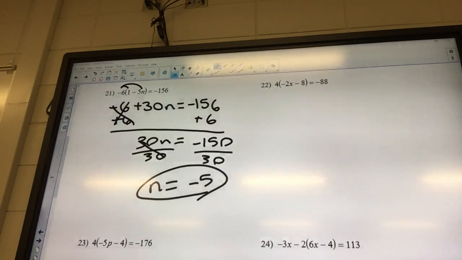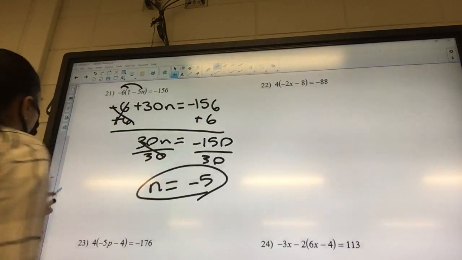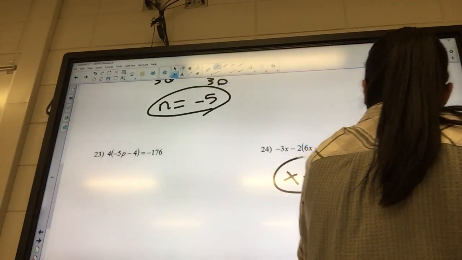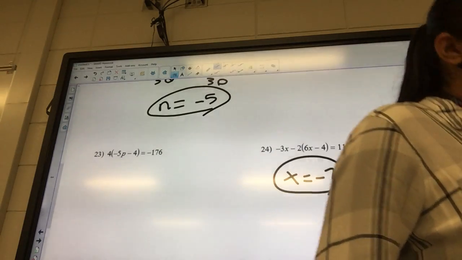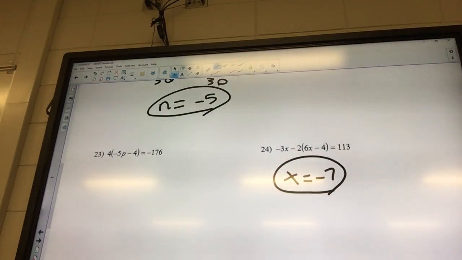What number is this sheet? You should get negative 7. If you don't, then you need to refix it. It doesn't really matter, you got to show me your work anyway.